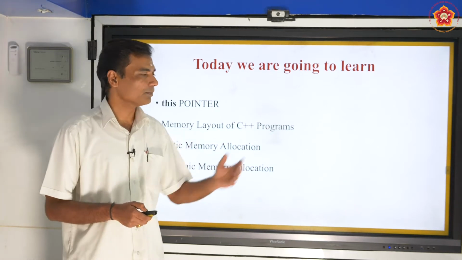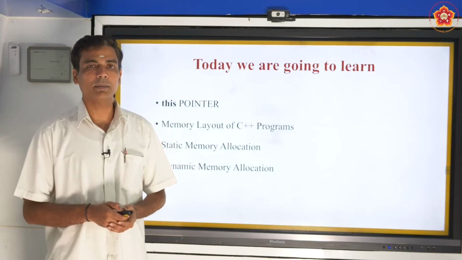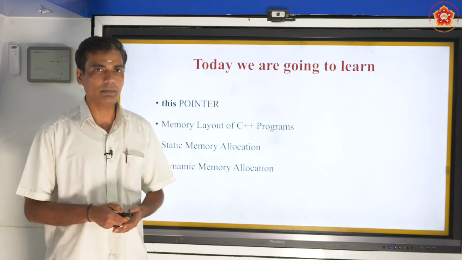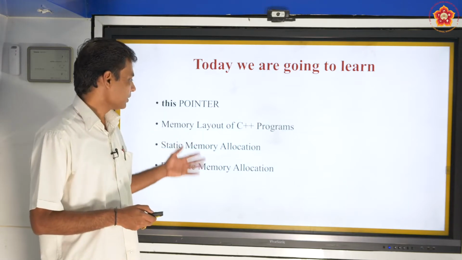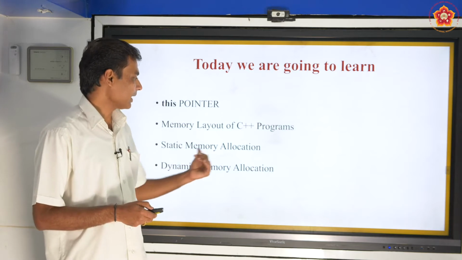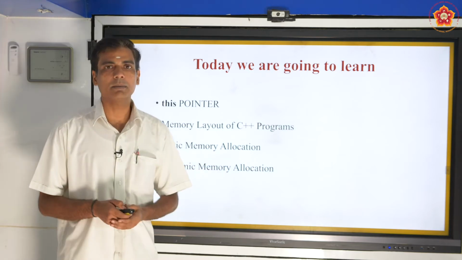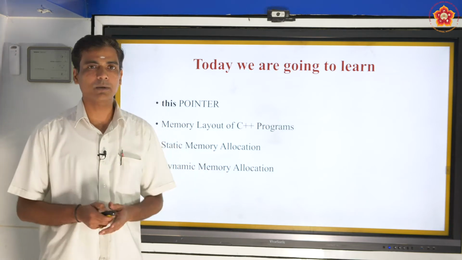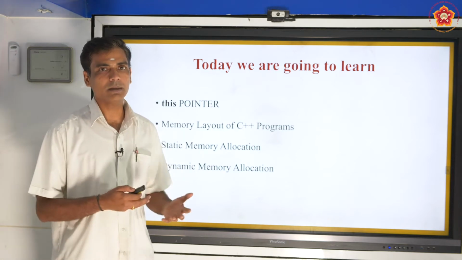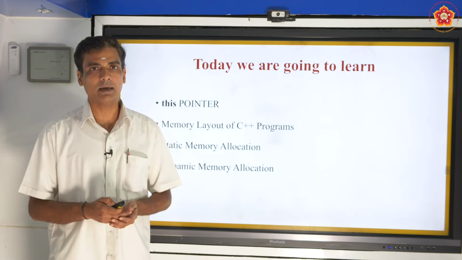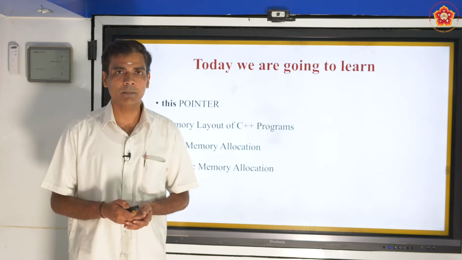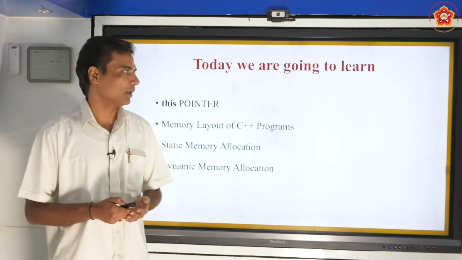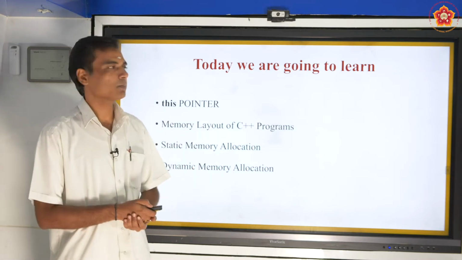Here we are going to study how to allocate memory manually, which we call dynamic memory allocation. There are two types of memory allocation, static memory allocation and dynamic memory allocation. That is also a very interesting point to learn. Once you learn this, you will get a complete idea of how a C++ program executes in memory. So let's begin with the this pointer.